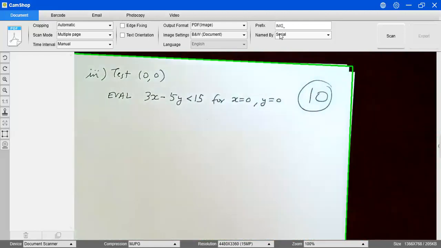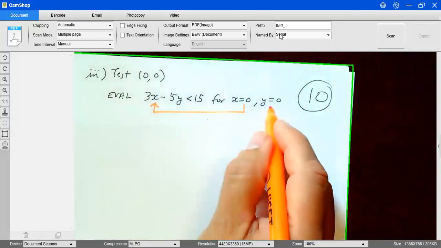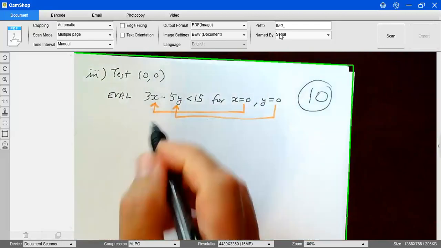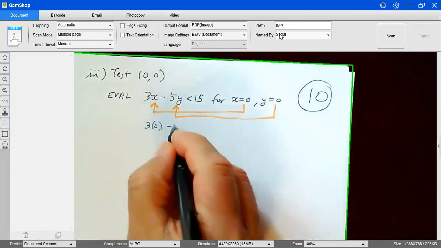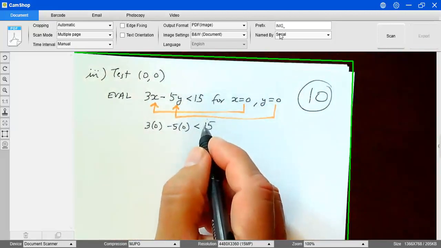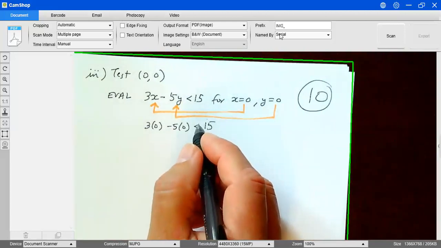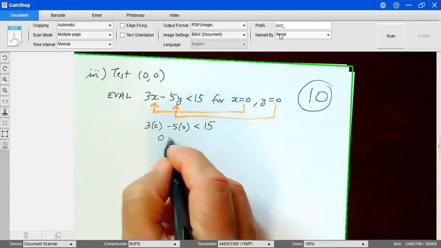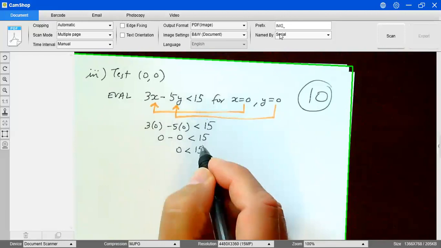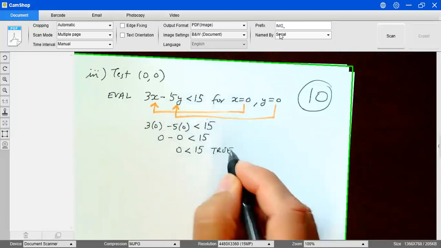So we replace x with 0 and y with 0, and we get 3 times 0 minus 5 times 0 less than 15. That gives 0 minus 0 less than 15, so 0 less than 15. Is this true? Yeah, this is true.